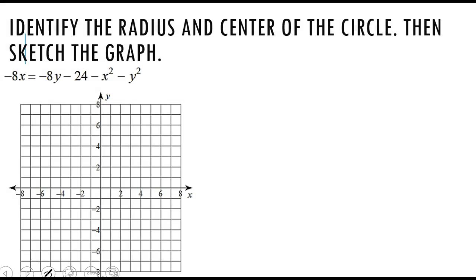Okay. Next one, try this one on your own first of all, and then check your answer. So again, we're going to move all the variables to the left. So starting from the x squared, the negative x squared is going to move to the left and become positive x squared, and then negative 8x, that is already on the left, so we keep that.